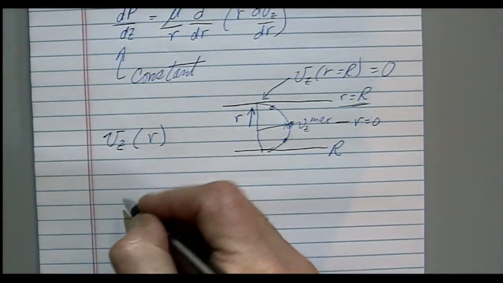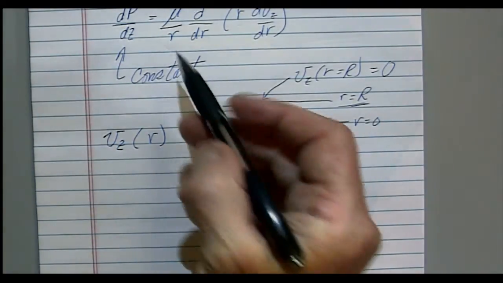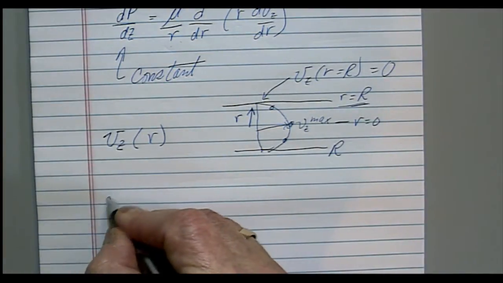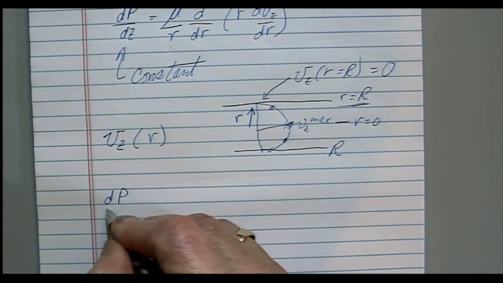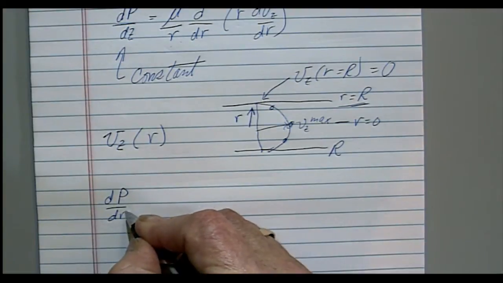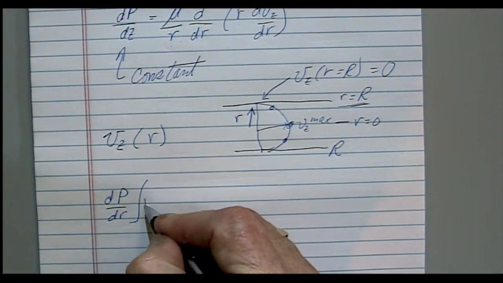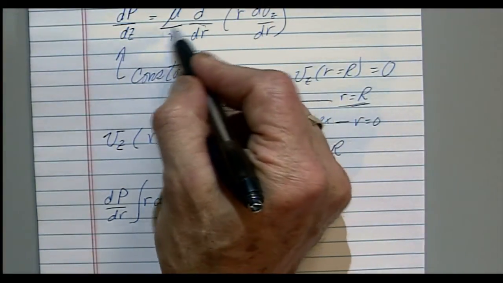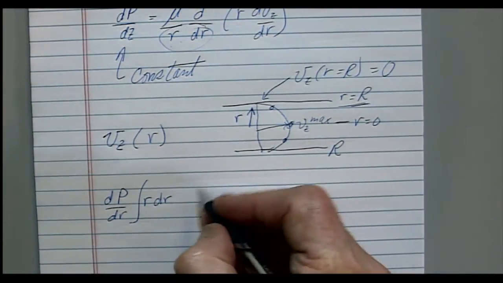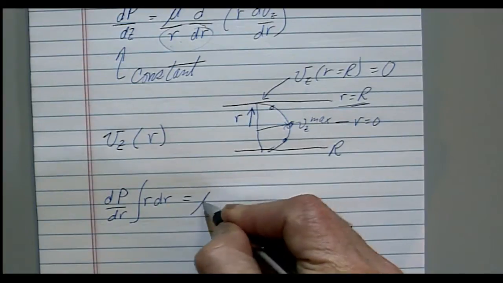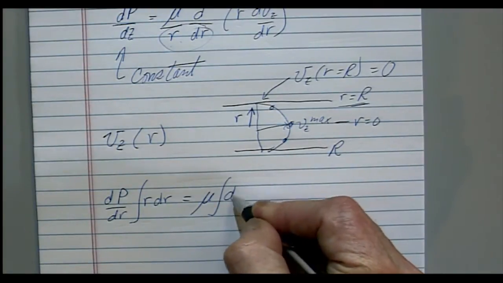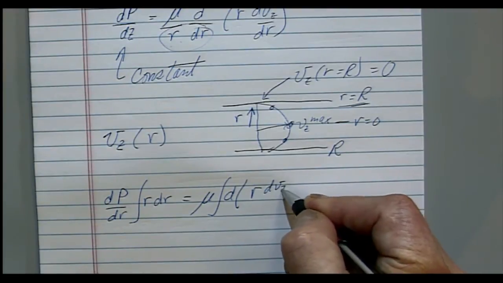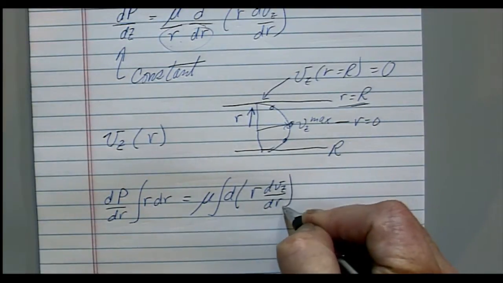Okay, so we're going to take this r, bring it to the other side of the equation. dP/dz is constant, so we can take it out of the integral. And so we're going to have the integral of r dr. We're going to take this r dr, move it to the other side of the equation. And we're left with mu times the integral of the derivative of velocity in the z direction with respect to r.